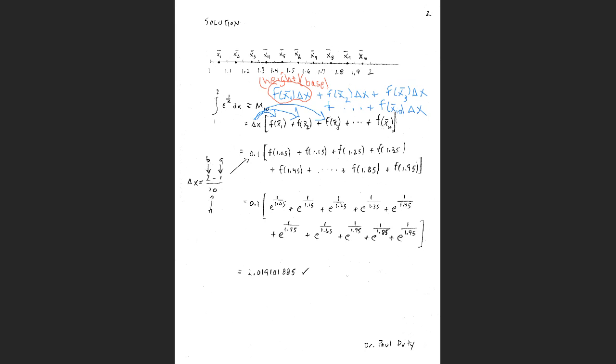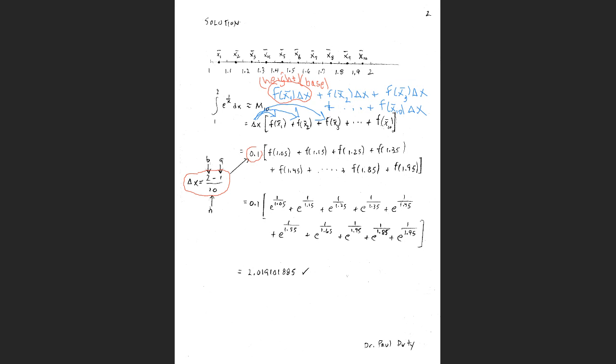So the function value at x1 bar gives the height of the rectangle, and the delta x gives the width of the rectangle. Well, delta x, as you know, is equal to 1/10, because remember, we find the length of each subinterval by taking b minus a and dividing it by the number of subintervals. So that's 1/10.